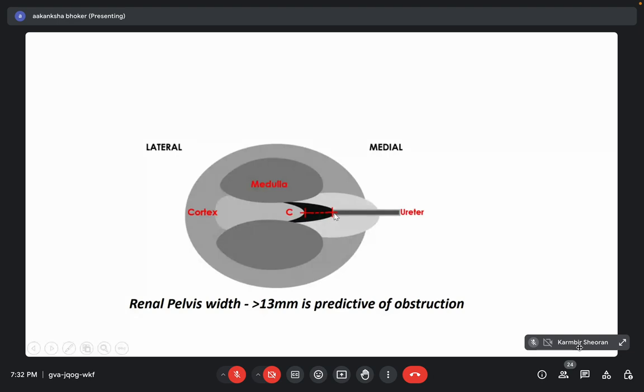This is the renal pelvis, and this is the renal pelvic width. If it is more than 3 mm, I told you it is pylectasia, and if the width is up to the level of 13 mm, then we can definitely think that hydronephrosis is because of the changes associated with obstruction. It has a very high positive predictive value for obstruction.